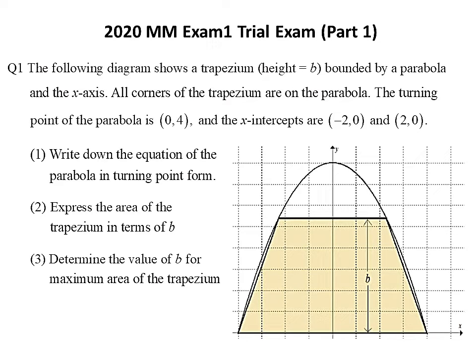Three questions are asked. First, write down the equation of the parabola in turning point form. The second is to express the area of the trapezium in terms of b. And the last is to determine the value of b for maximum area of the trapezium.